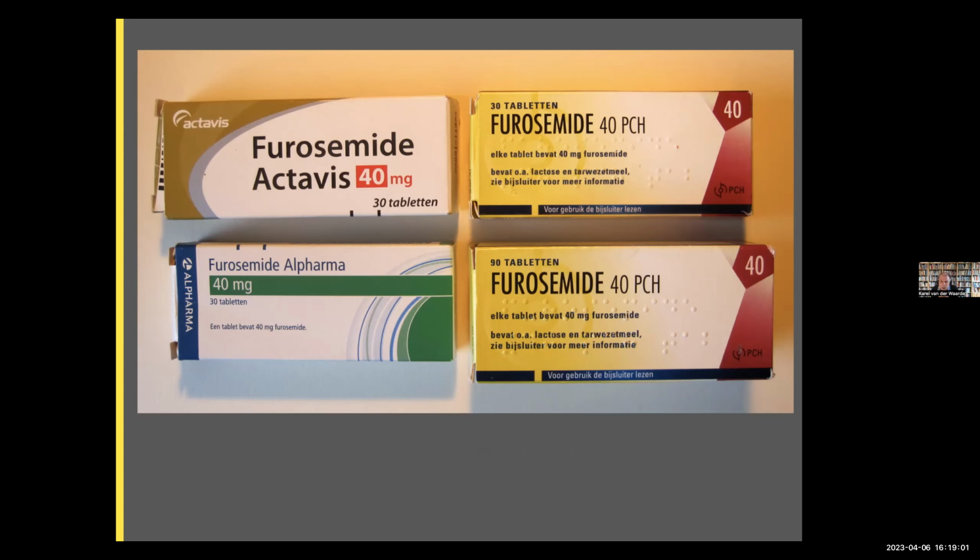There's no way that somebody who gets these 4 different types of boxes realizes that they're exactly the same information and exactly the same tablets. The shape of the tablets differs. The shape of the information itself is not the same. It's just a mess.